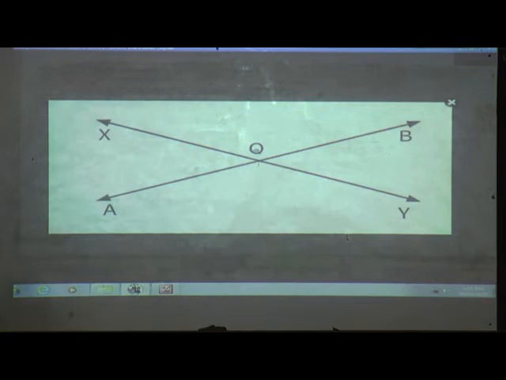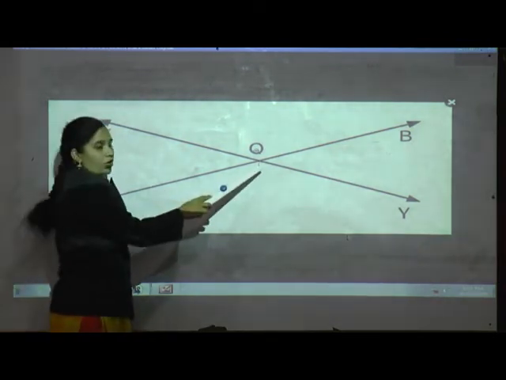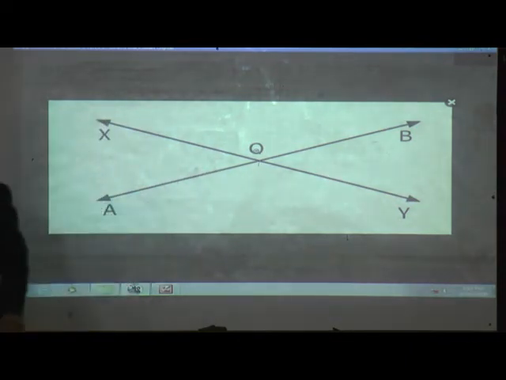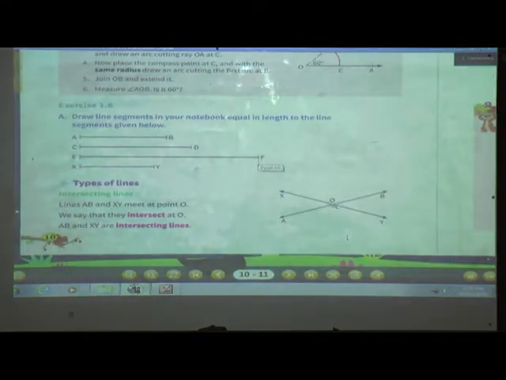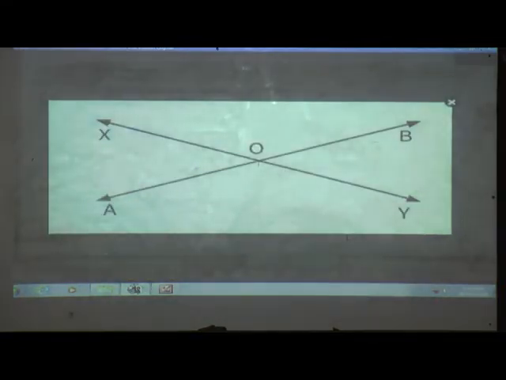They meet each other at point O here. So we say that they intersect at O. Line AB and XY intersect each other at O. AB and XY are intersecting lines. See, here they are intersecting each other at point O. So line AB and XY are intersecting lines.